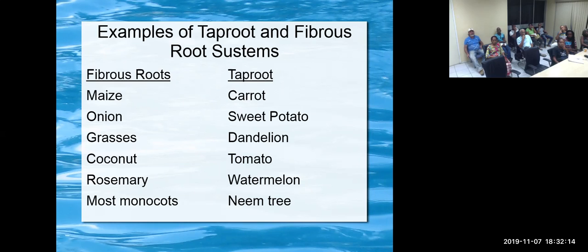So the question is, if you have a plant that has a taproot and you dig it out of the ground, but you break off the apical meristem and then replant the plant, is it going to die?